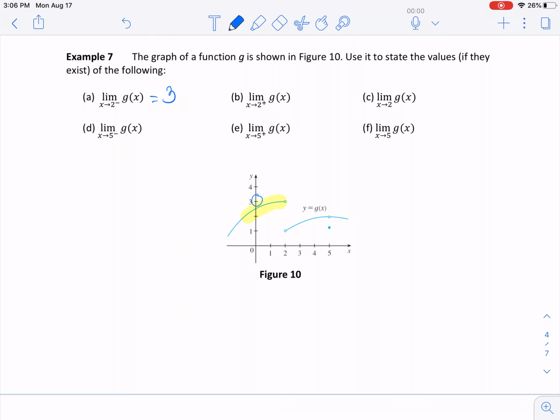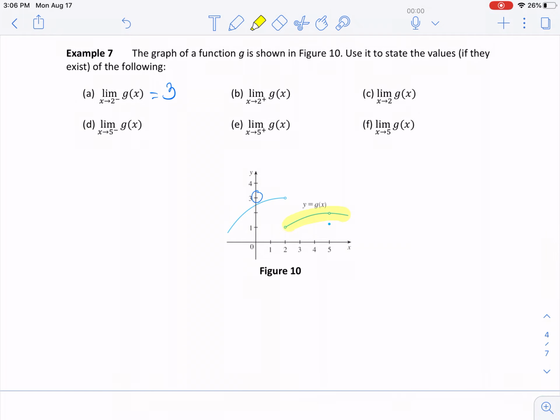Now, if you look at x approaches from the right, which is this part, the limit now is 1. Okay, so you see part A and part B, they're not equal. So for part C, we don't have it, DNE.